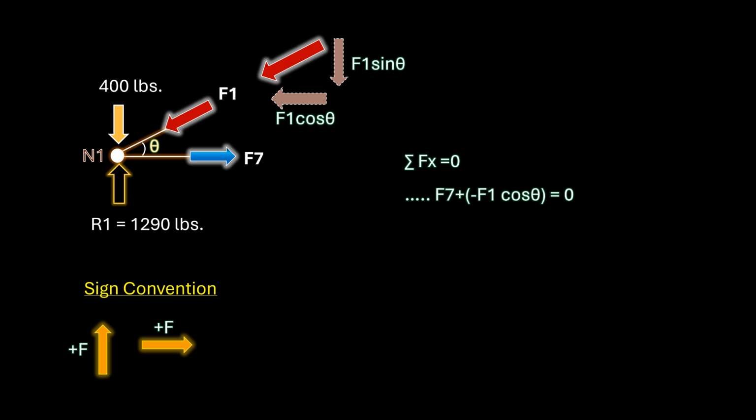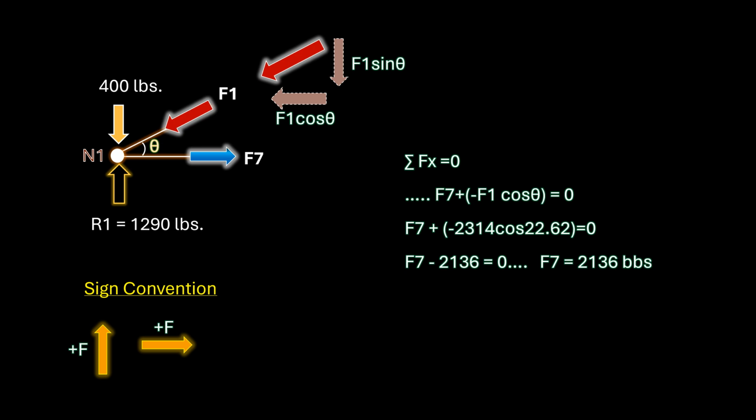Since we have already determined that F1 is 2,314 pounds and we know that theta is 22.62 degrees, the product of F1 and the cosine of theta is 2,136 pounds. Solving for F7, we determine that F7 is therefore 2,136 pounds. Since the sign is positive, F7 is a tensile force just like we assumed.